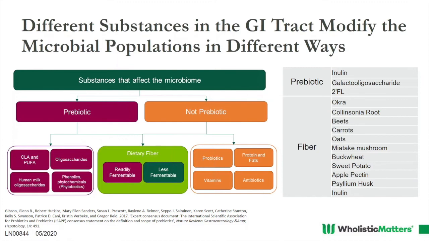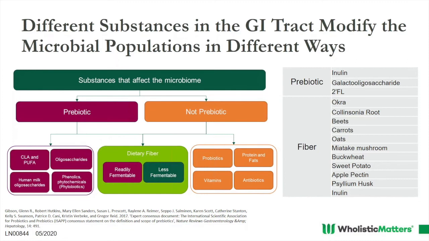Then we also outlined all those various different conditions, but we're focusing primarily here on the dietary inclusions. So for prebiotics, some really common ones are inulin and galacto-oligosaccharides. For human milk oligosaccharides, the most predominant one is 2'FL. And fiber is going to be in almost all whole foods.